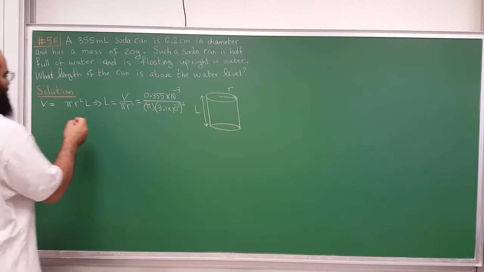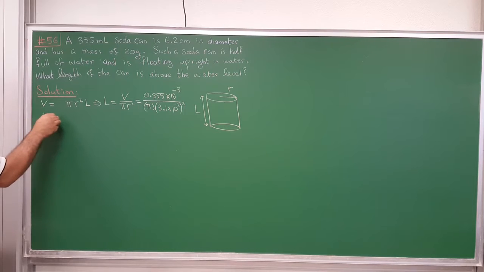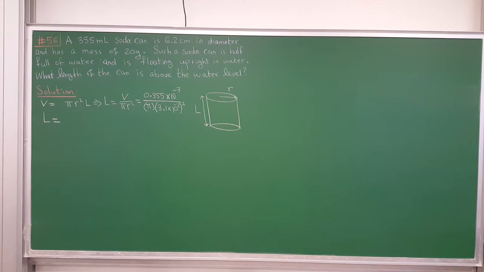And let's see what the length is for this soda can. I need my calculator here. First, let's do the denominator: 3.1 times 10 to the minus 2 squared, multiplied by pi. Hopefully I do not make any mistakes.